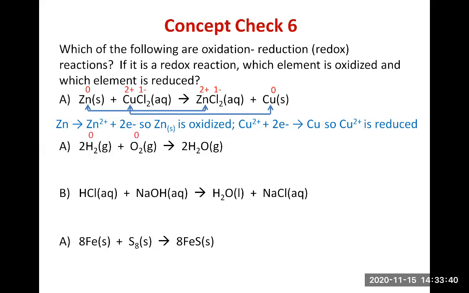So we have 2H2 gas plus O2 gas gives 2H2O gas. So it's the hydrogen gas reacting with the oxygen gas to form the water molecule. We see that oxygen and hydrogen are both in their elemental state, so they have a zero charge in their natural state there on the left side of the arrow.